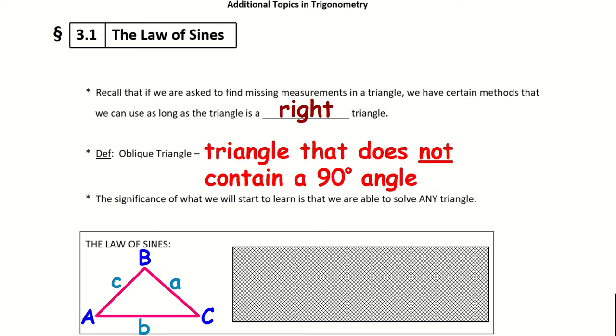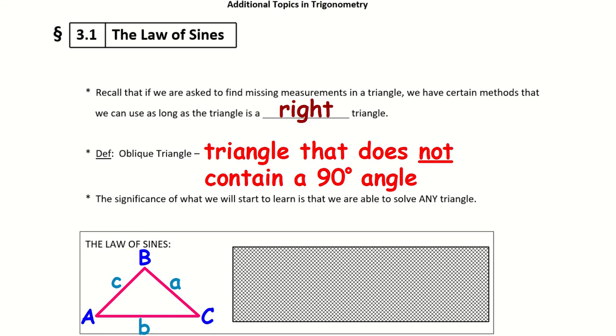So what that kind of leads into here is that we're going to now be solving triangles that are not right triangles. And those are called technically oblique triangles. You don't need to remember that term. It's not a very big vocabulary word for us.